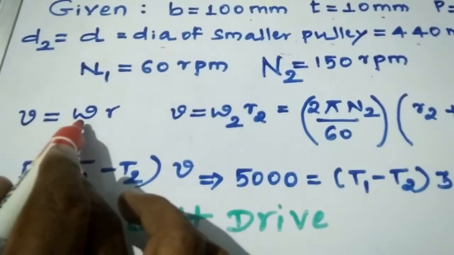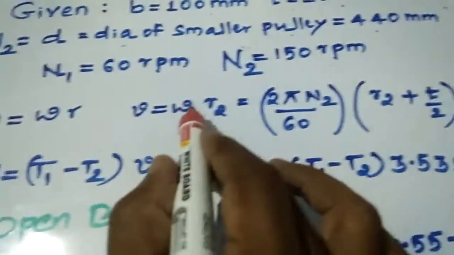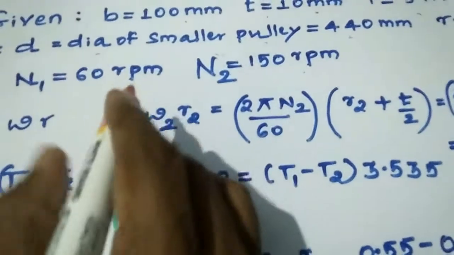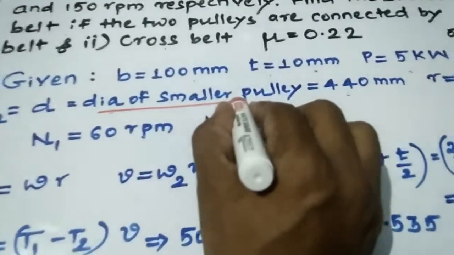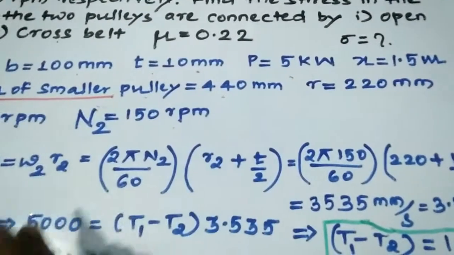Linear velocity is the angular velocity times the radius of the pulley. But what is omega? One thing you have to remember: they gave the diameter of the smaller pulley. The smaller the diameter of the pulley, the more the speed compared to the larger pulley.